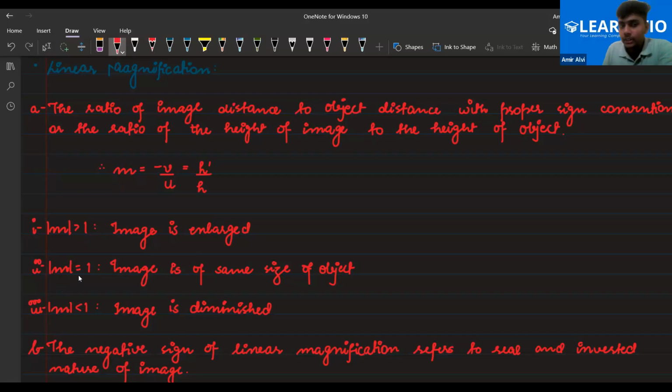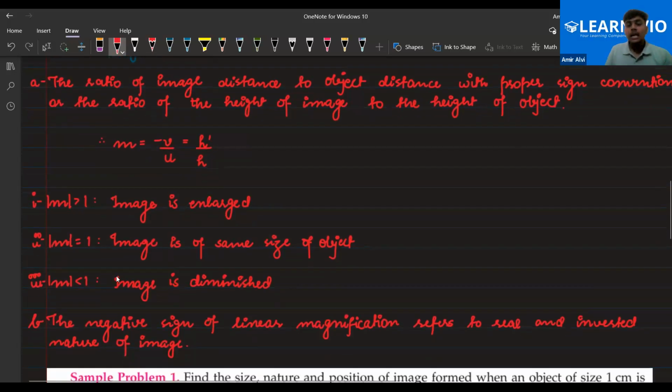If the number equals 1, the image is the same size as the object. And if it is less than 1, the image is diminished. So if v by u comes out greater than 1, it is enlarged. Equal to 1, it is the same size. Less than 1, it is diminished. Is that clear, Naveed? Yes.